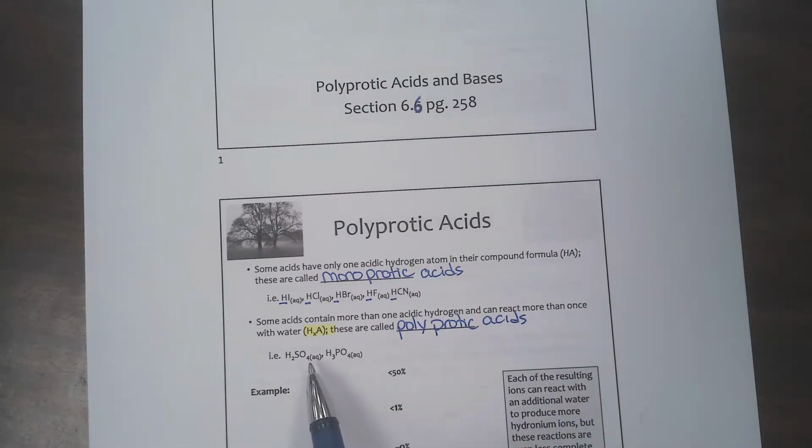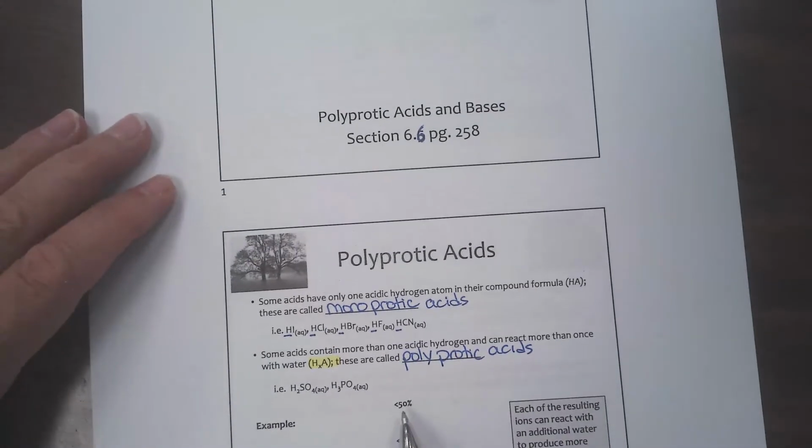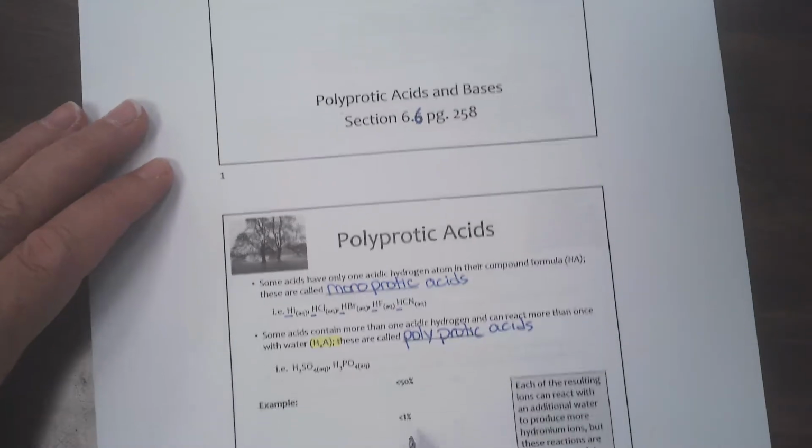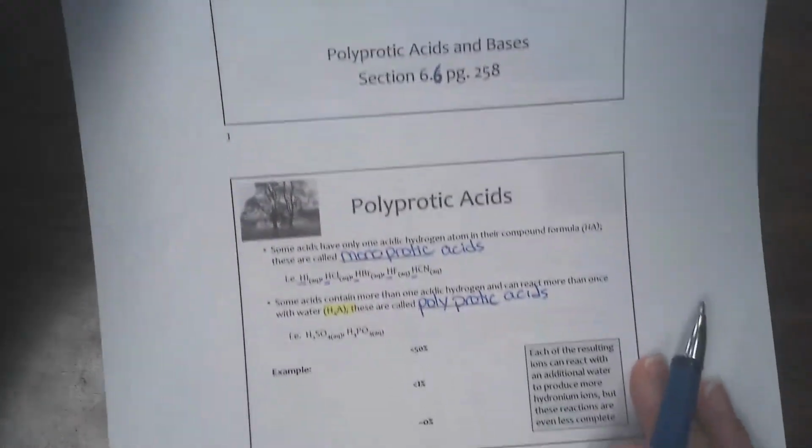H2SO4, otherwise known as sulfuric acid, H3PO4, otherwise known as phosphoric acid. So let's look at them where we see that there's going to be less than a 50% chance of that reaction happening, less than 1% of that reaction happening, and less than 0% of that reaction happening.